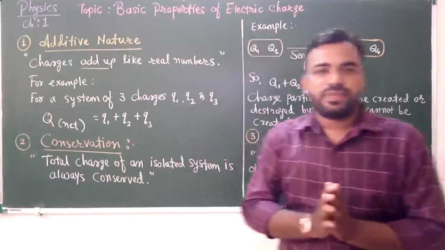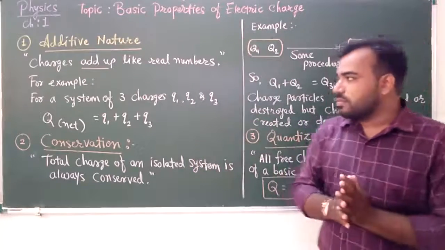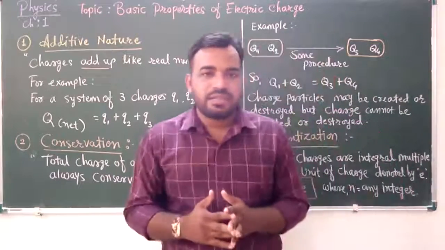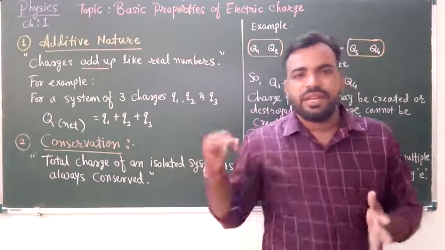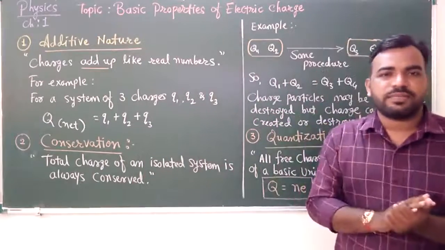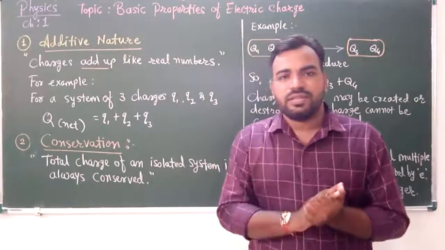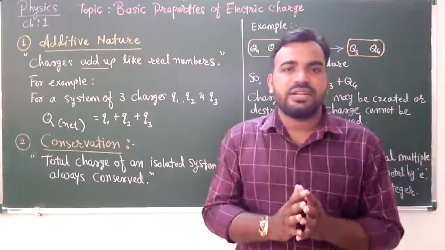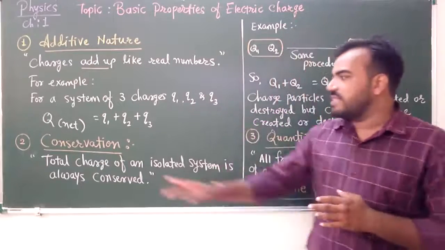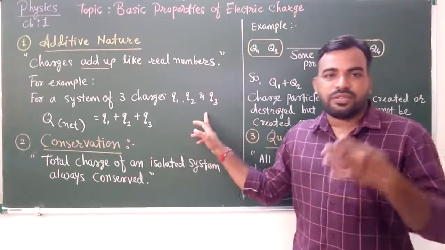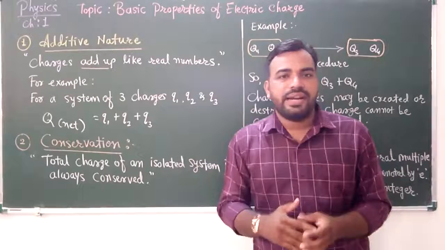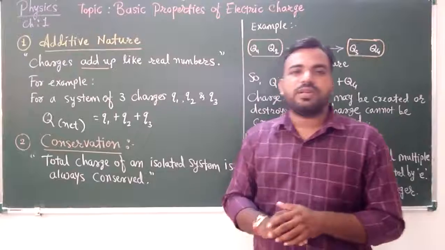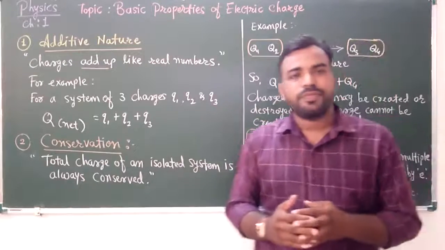For example, if we have a system having different charges, here we have taken three charges. Their total charge, or net charge, will be the addition of these three charges, Q1 plus Q2 plus Q3.